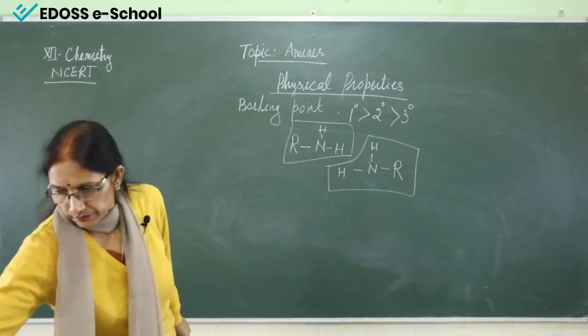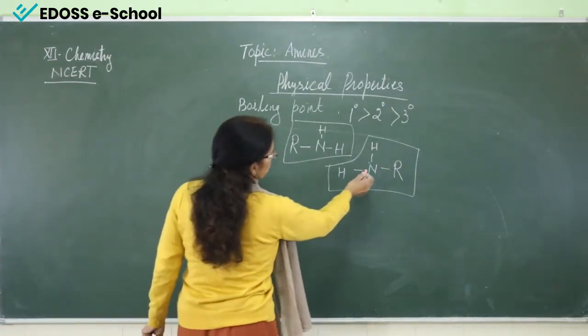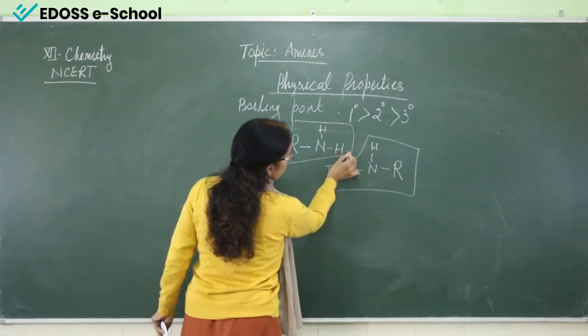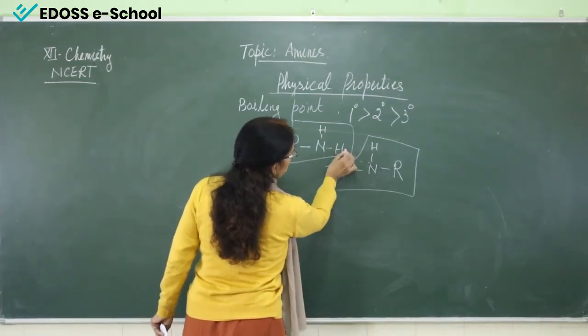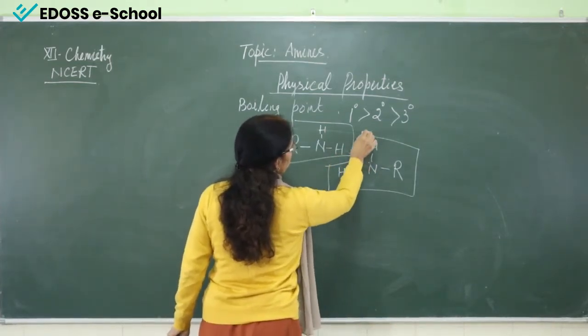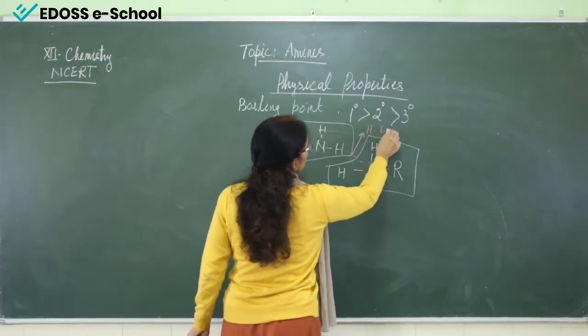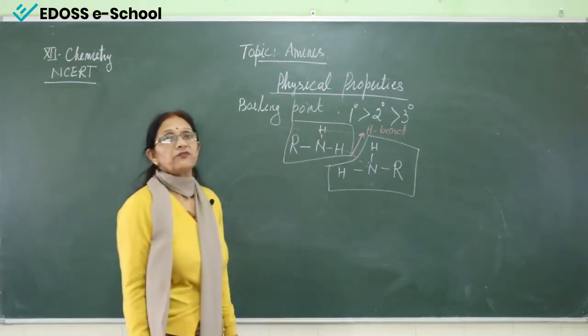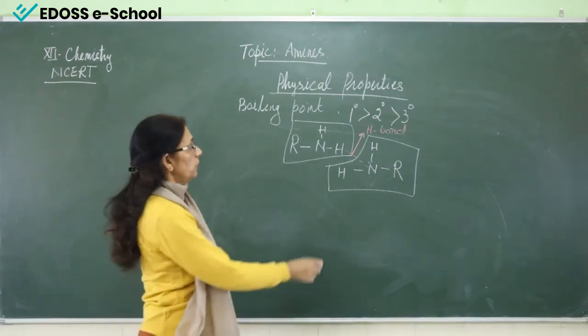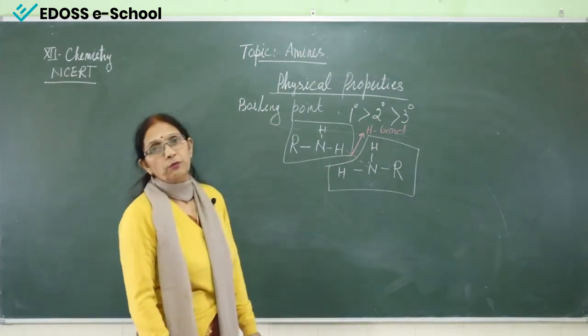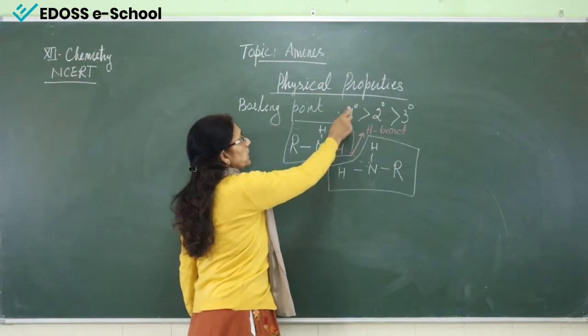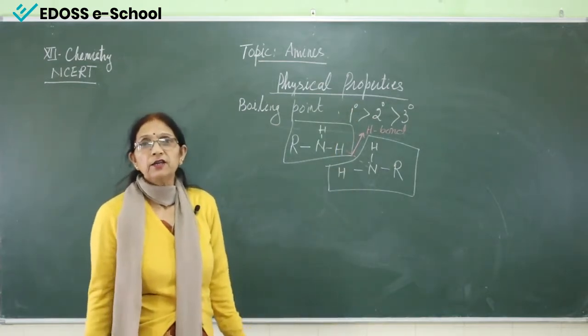Now we can see what is happening. The nitrogen of this molecule and the hydrogen of another molecule are forming hydrogen bond. This hydrogen bond is formed and we know that hydrogen bond is a very strong bond. So a lot of heat is needed to break this bond. So primary amines have very high boiling point.